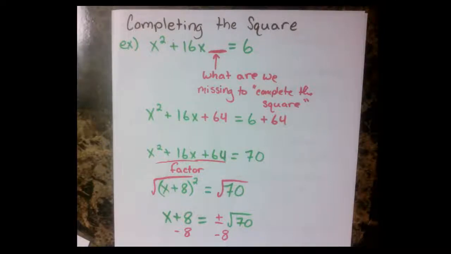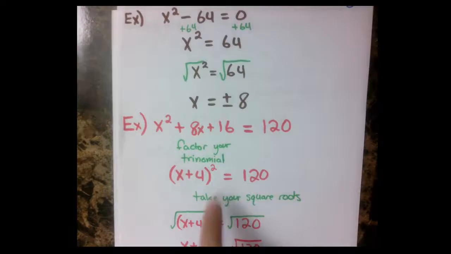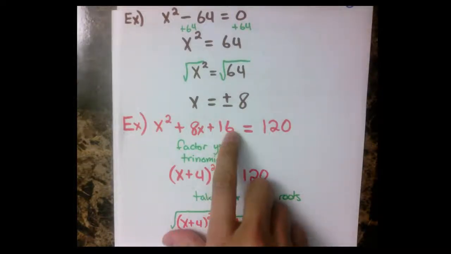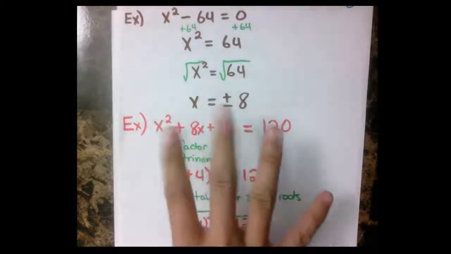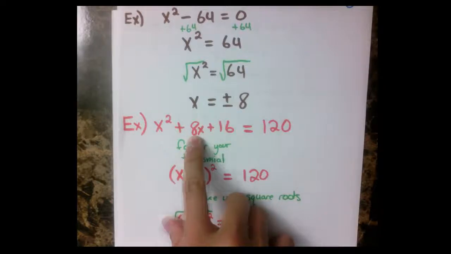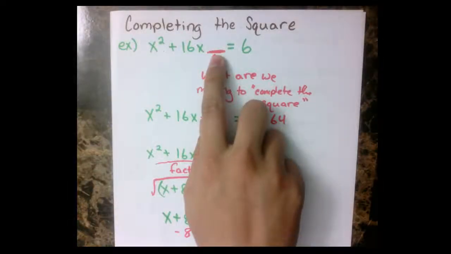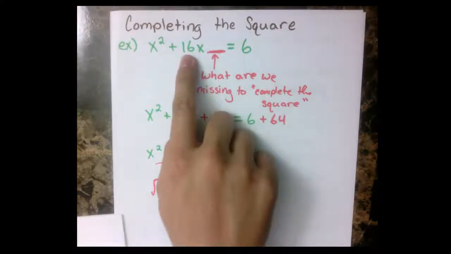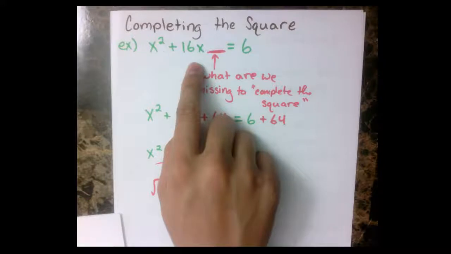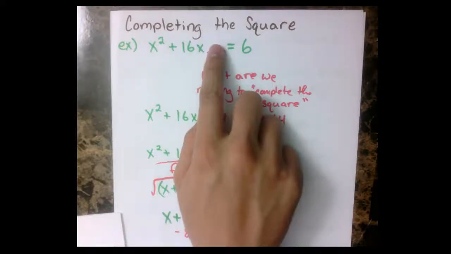In case that looks unfamiliar to you, that would be an example like this. Square root of 16, so square root of c is 4, times 2 is 8. So I need to figure out what number would fit here. Okay, so what you'll do is divide this by 2, and you will get 8, and then you will square it to figure out what goes here.